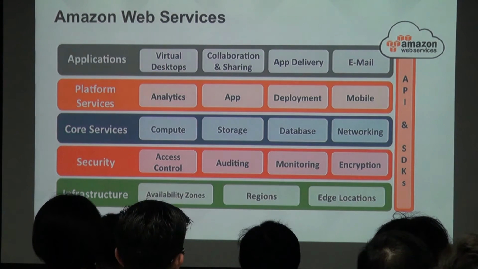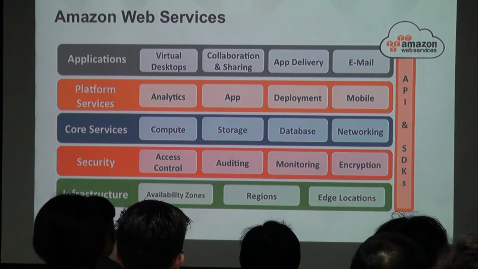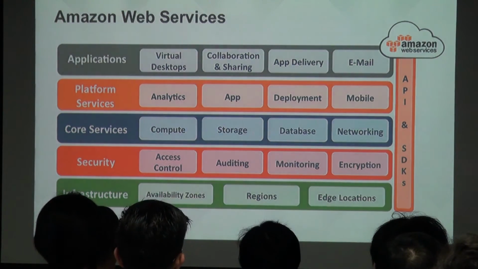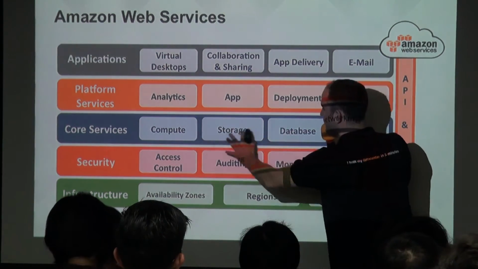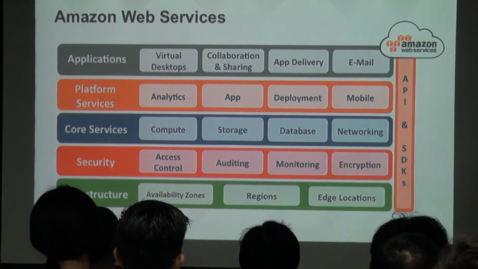And all the way on top, we also have applications like virtual desktop services, collaboration and sharing services, app delivery or email services. Now, today we're going to focus on this part here, the platform and the core services, and how they can help you.